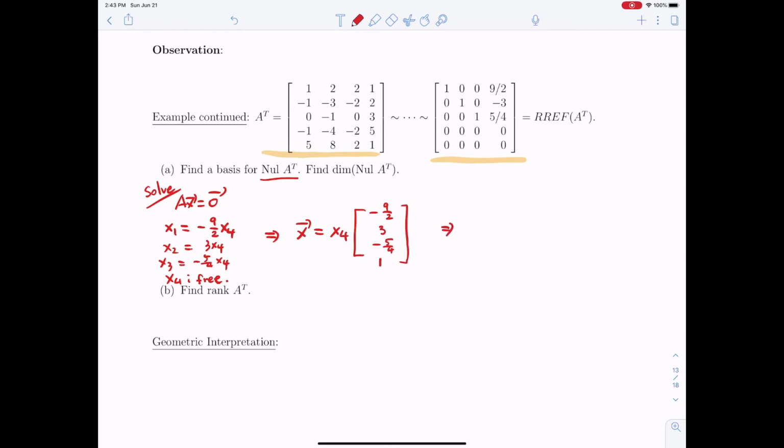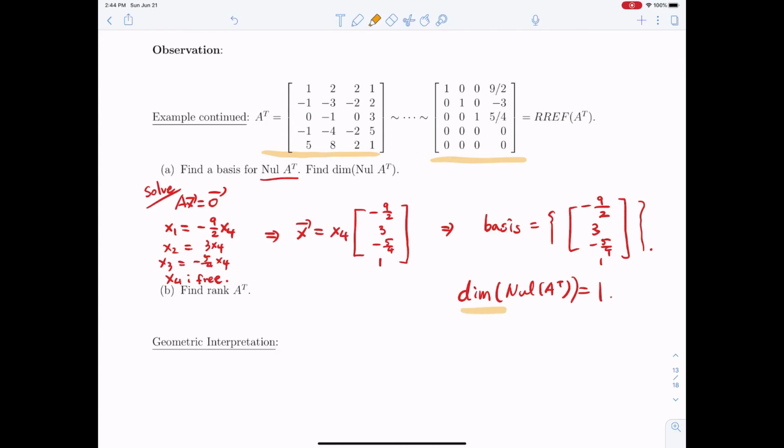So we can tell that the basis for the null space of A transpose equals the single set consisting of this vector. So the dimension of the null space of A transpose equals 1. Then if you use this, we can find the rank of A transpose without doing any calculations.